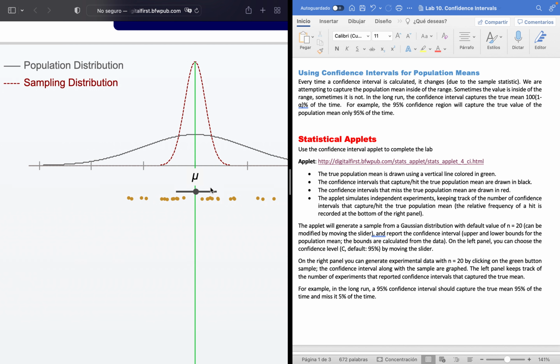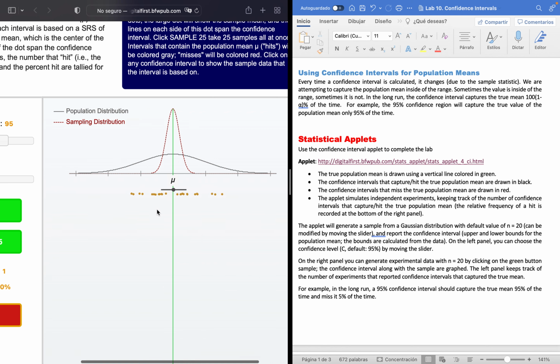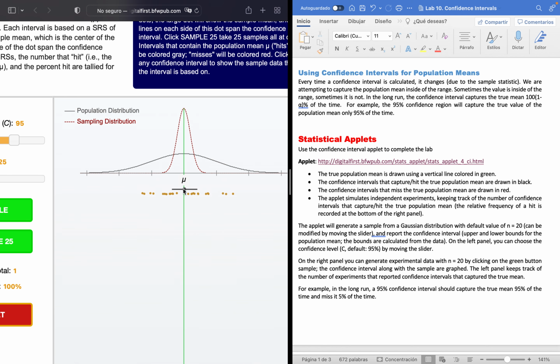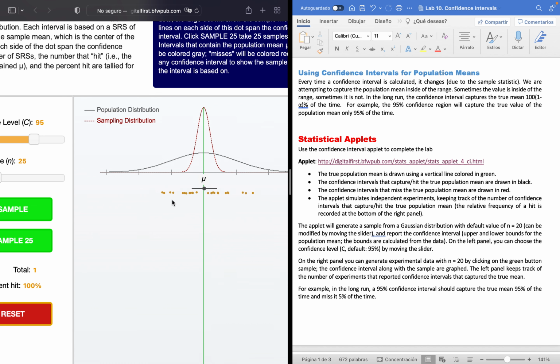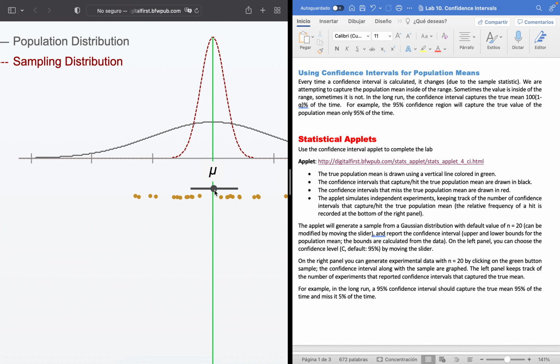These are the values from the population, generated randomly, and we compute a confidence interval for them. Notice how this segmented line hits the green line. If it hits the green line, that means the true value of the population mean has been covered by the confidence interval.